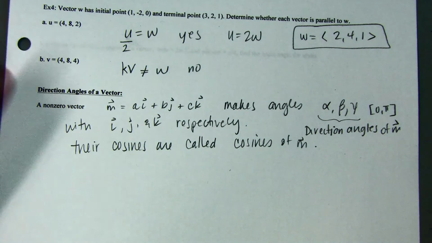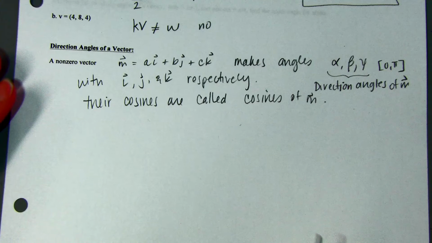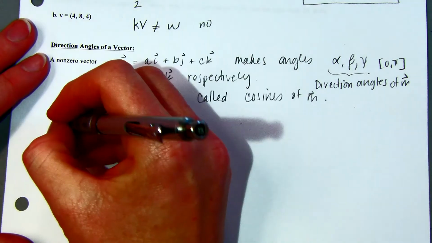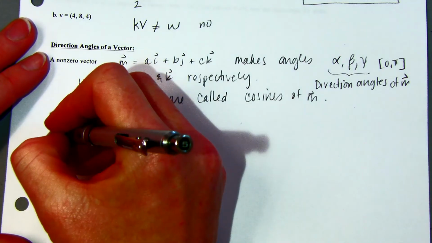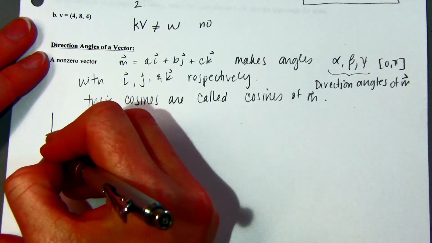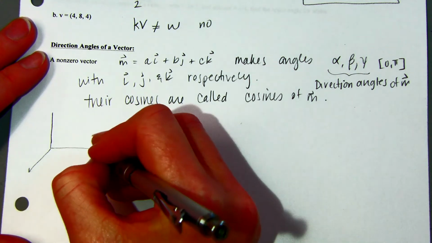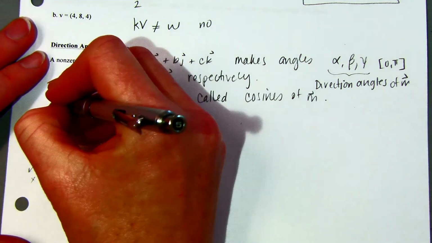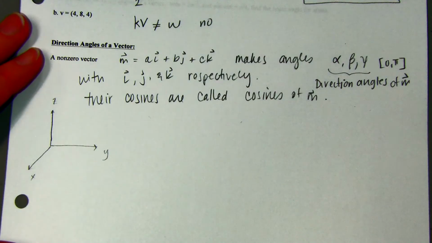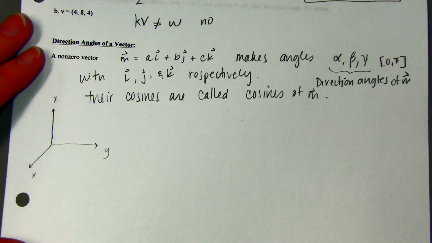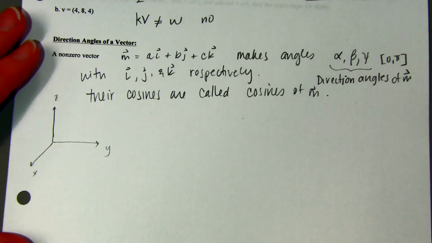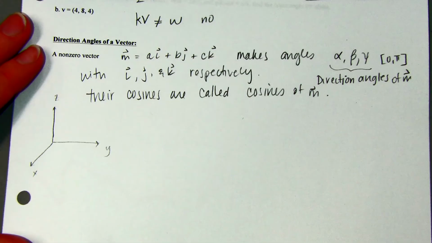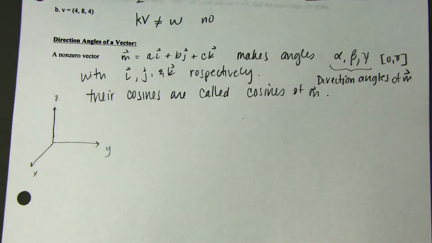Okay, so let's see if we can visualize how this works. If we draw our axes, here's x, here's y, here's z. I have vector m, and it's coming out towards us into this first octant.